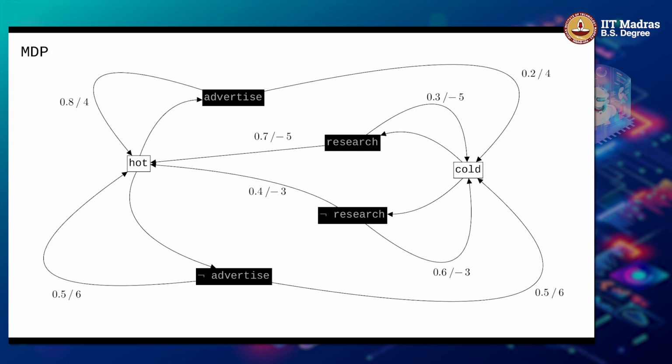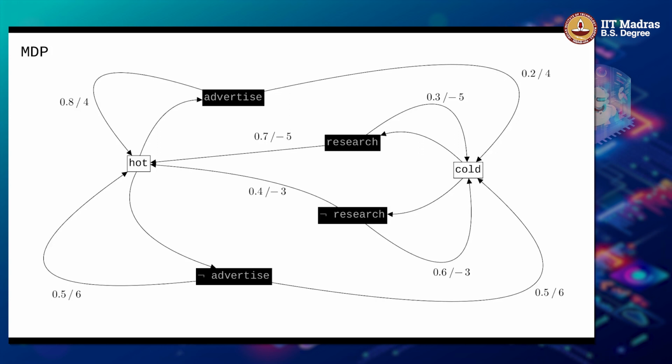Now we looked at the MDP example, the manufacturing example in the lectures. We'll take up the same example and look at how value iteration works for this case. So we have two states, hot and cold. From each of these states you could have two actions. Advertise or not advertise is the set of possible actions from the state hot.